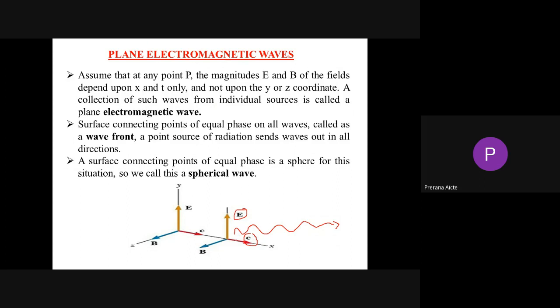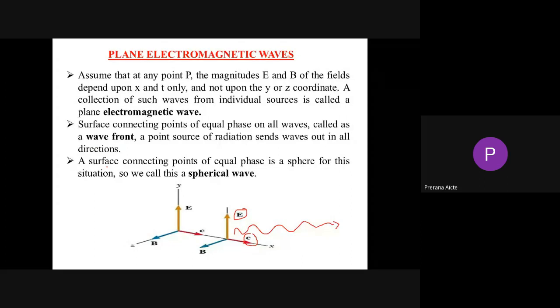While the electromagnetic waves propagate in this free space medium with a velocity of light c, all the waves have the same phase and the same magnitude. If the phase does not change while propagating the waves in the free space medium, that is called a wavefront.